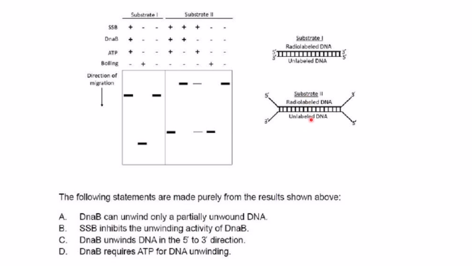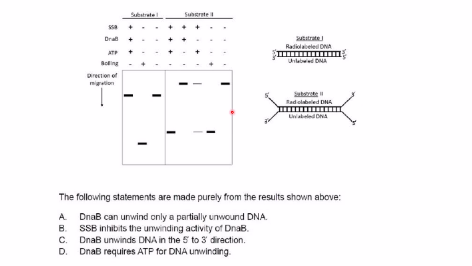Similarly in case of substrate 2. But substrate 1 is double stranded and fully wound. Substrate 2 is partially unwound, that is why there are these open ends on both the sides.